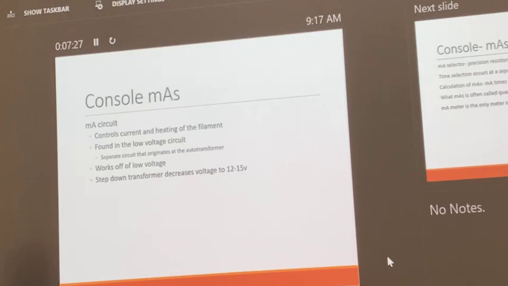What we're talking about here is that your filament circuit is actually like 25, very low voltage. So the step-down transformer decreases it to anywhere from 10 to 15. Maximum would be 25 volts, not kilovolts, volts. So very low voltage, and the purpose for that is so that you don't send electrons across the tube before you're ready for them to go across the tube, right?